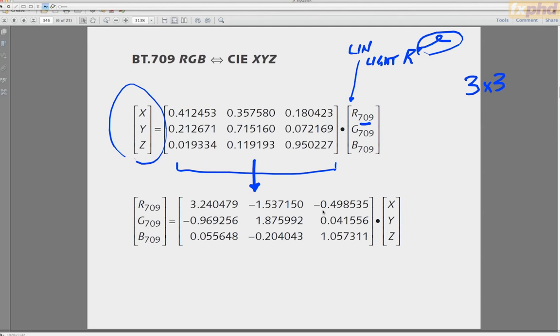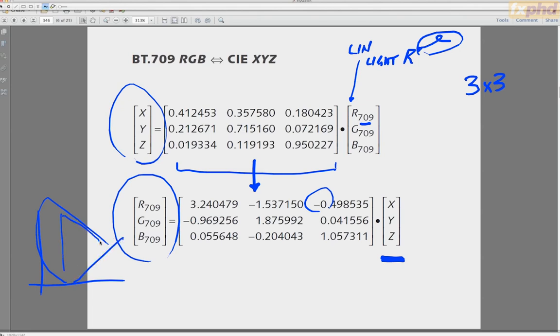And you can see from the existence of some negative numbers in these matrices that you can potentially come from a color specified in XYZ and generate negative numbers over here. And negative numbers in 709 space would lie somewhere outside the triangle. And normally you would just clip those numbers. So if you want to do something more sophisticated, you have to go and do gamut mapping. These transforms are straight colorimetric transforms.